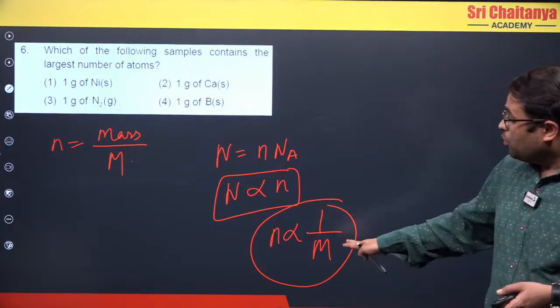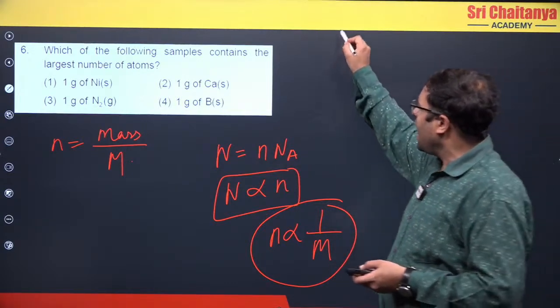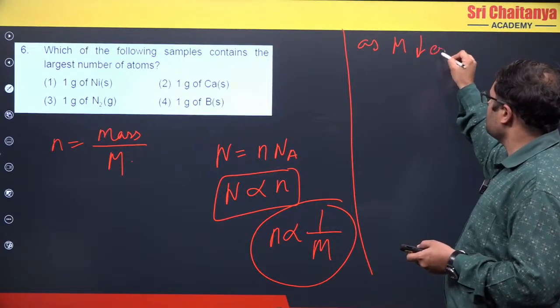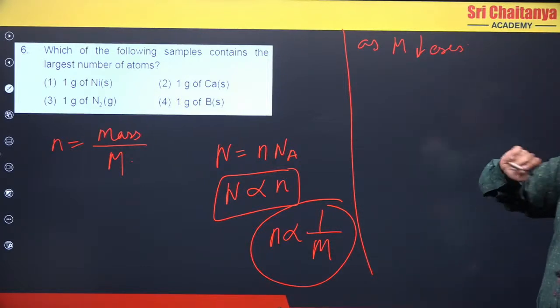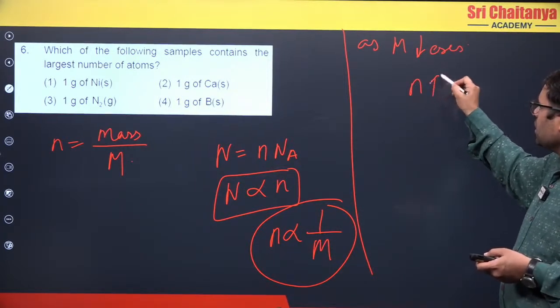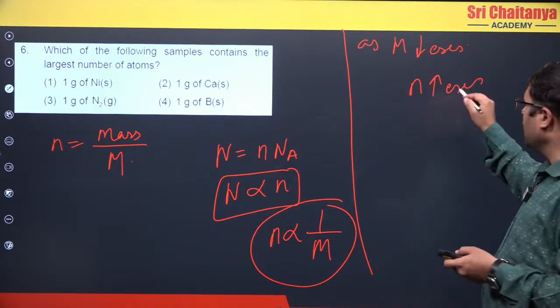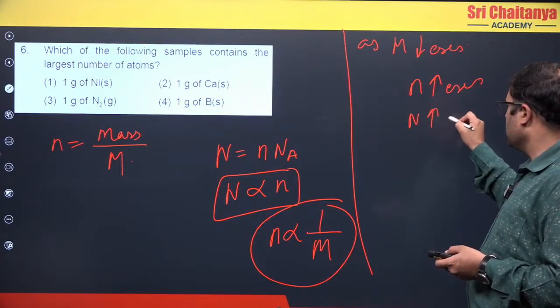So as your molar mass decreases, what will happen? Your moles increase, and because moles is directly proportional to the number of particles, N also increases.